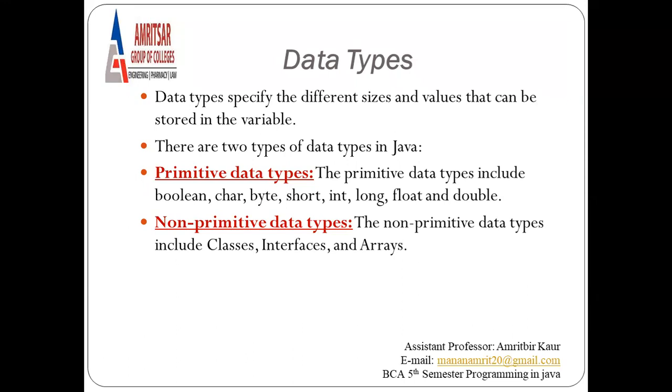There are 2 types of data types, primitive and non-primitive. In primitive data types, we have Boolean, char, byte, short, int, long, float, double, and in non-primitive, classes, interfaces, and array. So the main difference between primitive and non-primitive data types is how the value is stored.